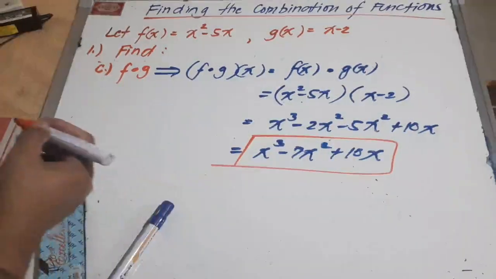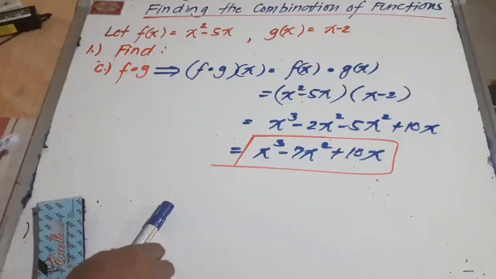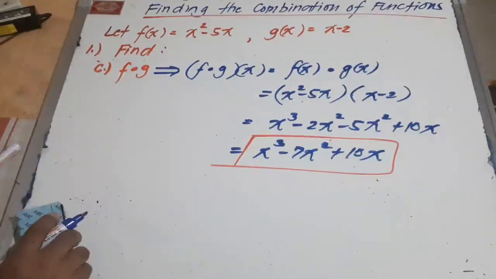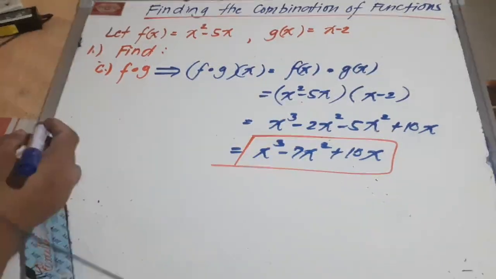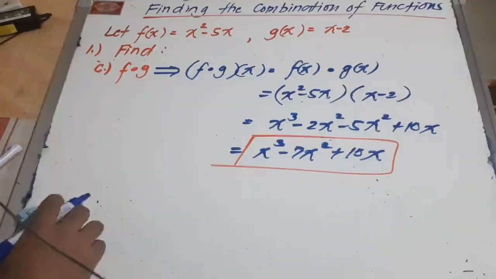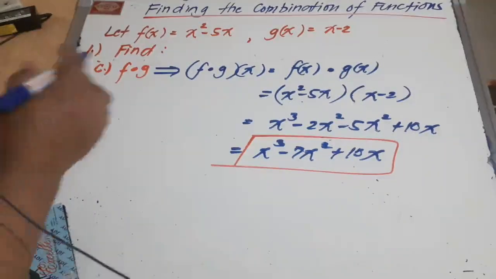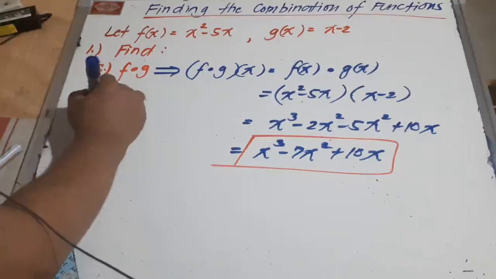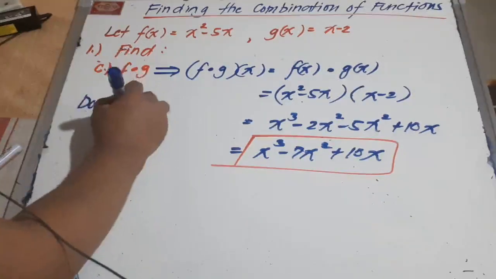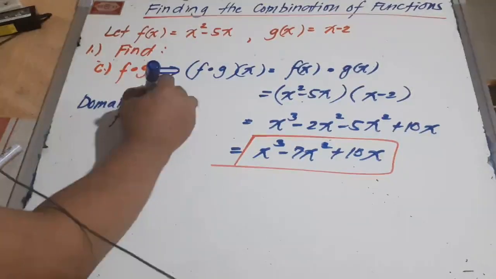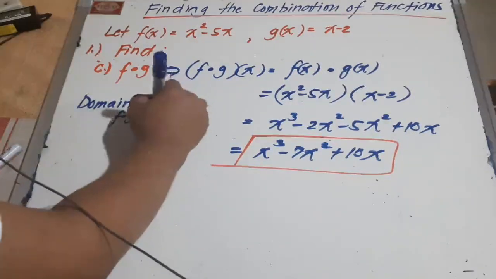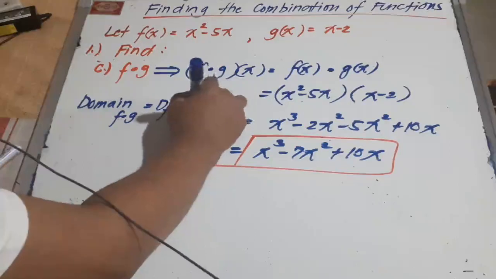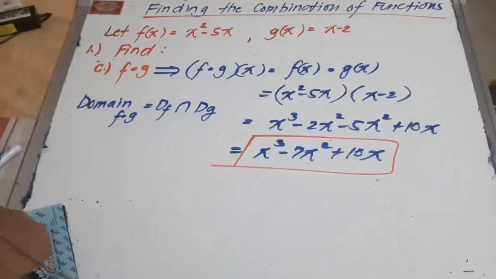Again, for the domain of the resulting functions, the intersection lamang ng kanilang domains ng f of x at saka g of x, yun lang ang ating magiging domain of the resulting function. Domain of f times g is equal to the domain of f intersection domain of g. Okay?